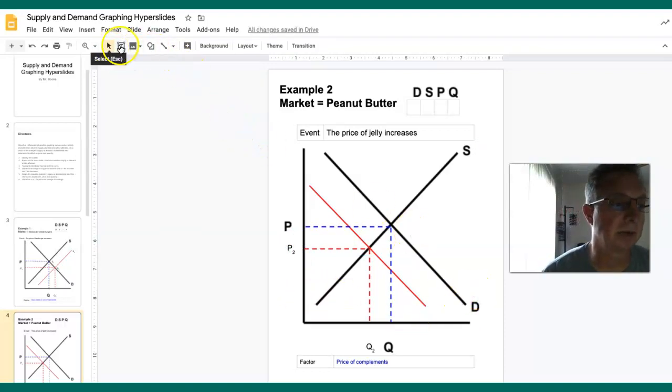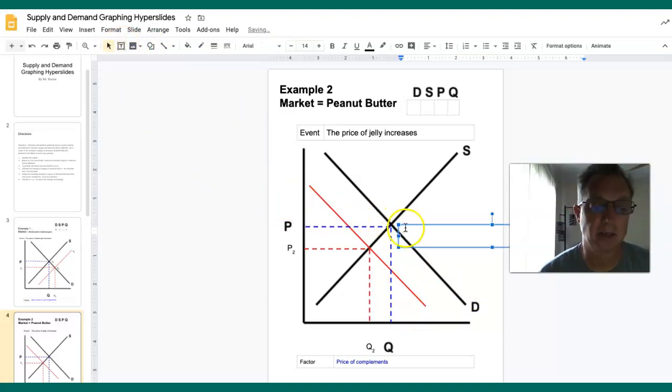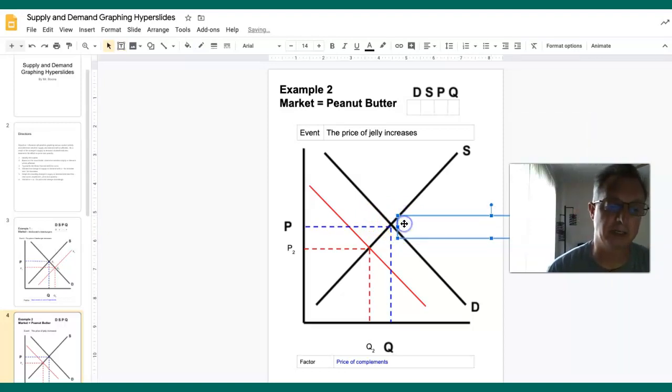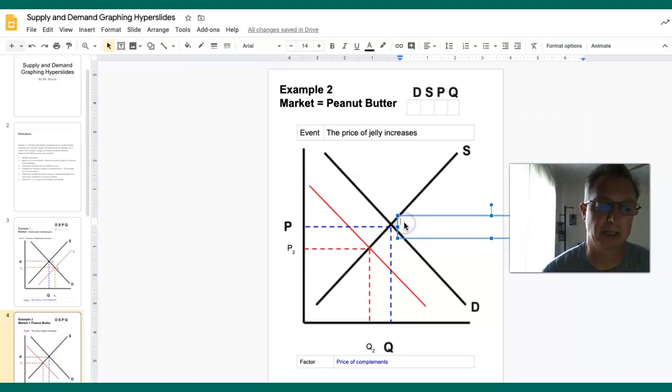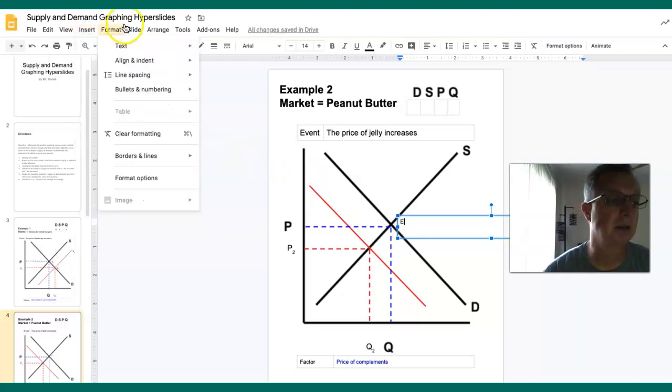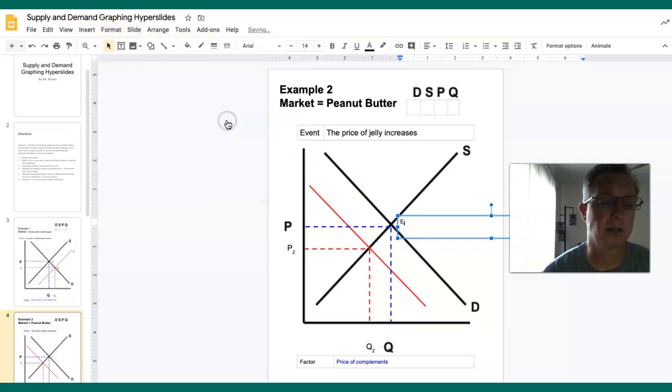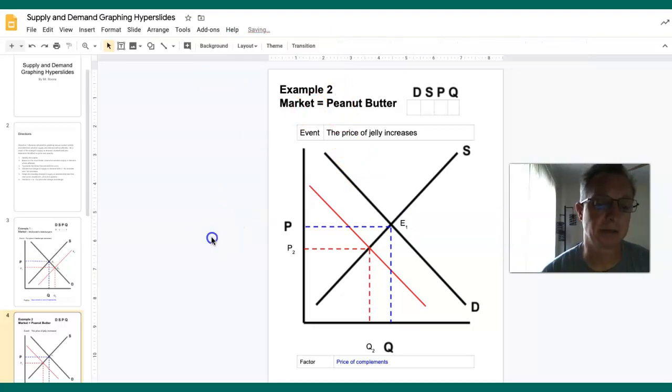2 more labels, one for the equilibrium right here. Equilibrium 1 is going to be up a little higher. Let's try that. So we've got E1. There it is. And increase the font size of that guy. So there we go.